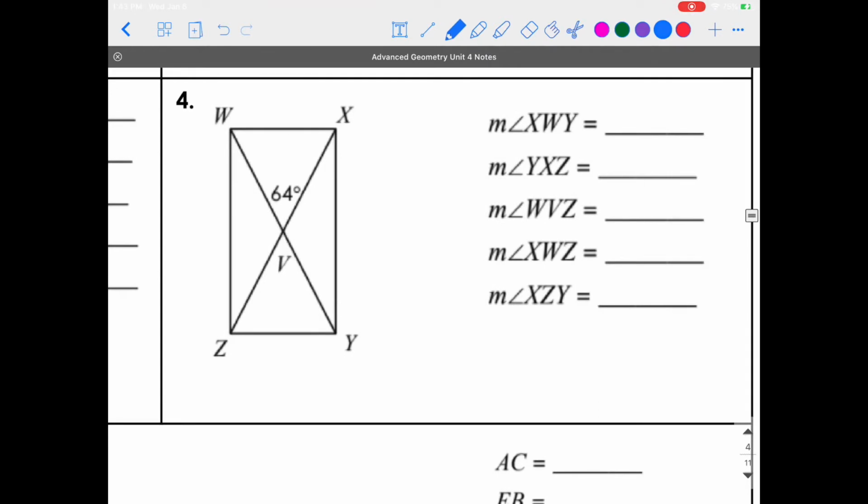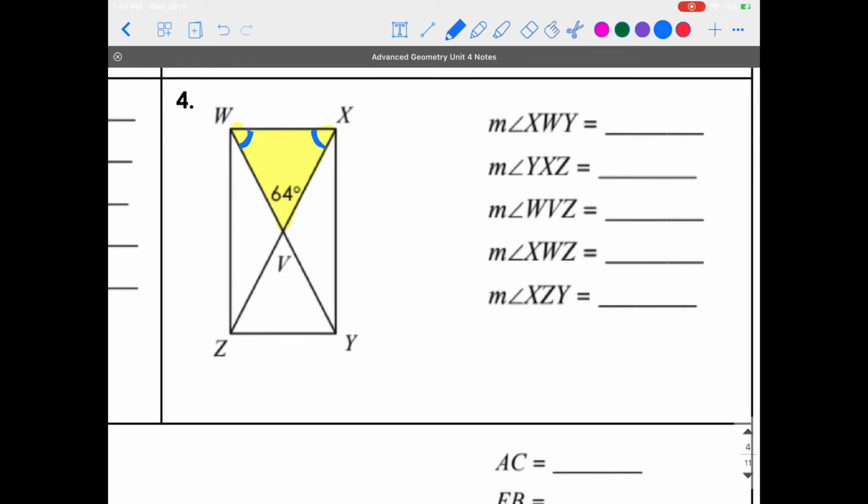Number 4. All right, so this time we were given one of those inside angles. And in a triangle, we have 180 degrees. We also know that these two angles that I'm marking right here, those angles are the same.